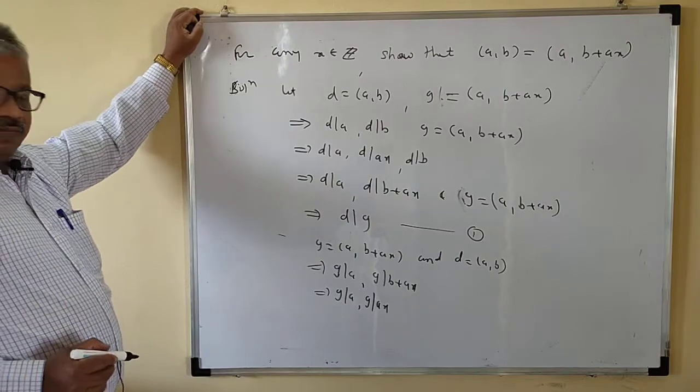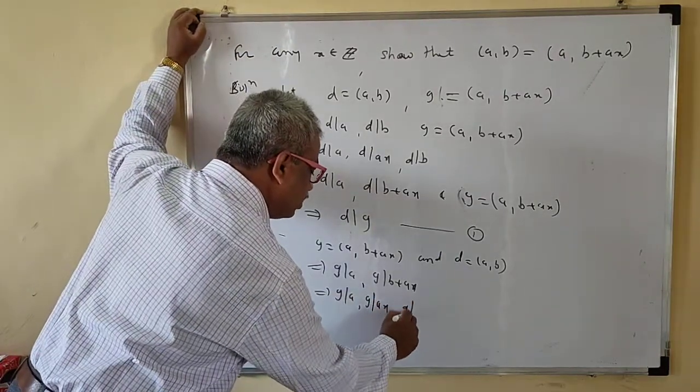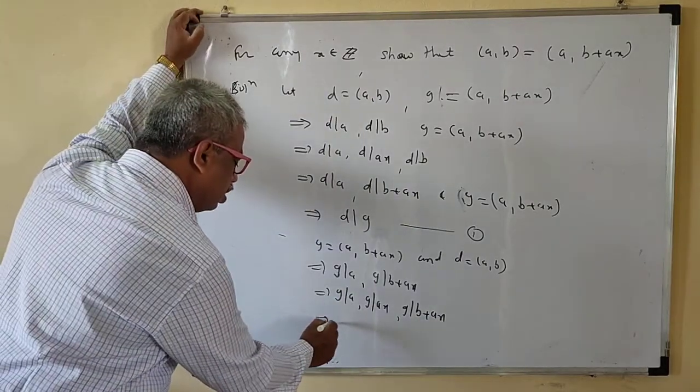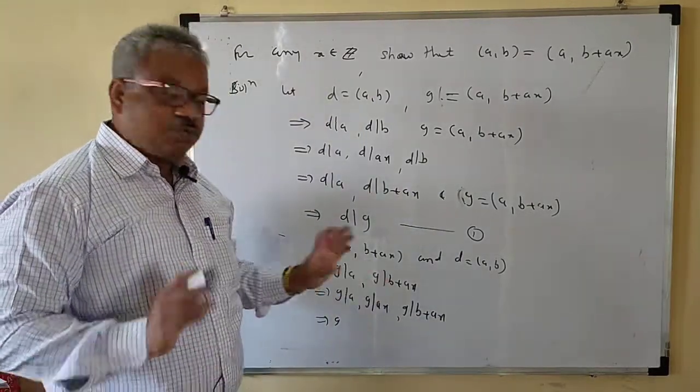So g divides b plus ax also. What I have to prove here is g divides b.